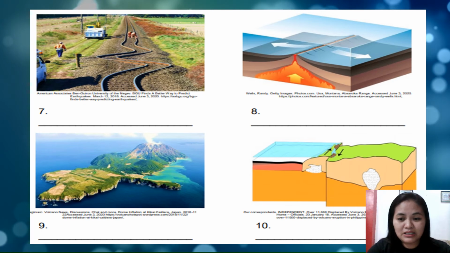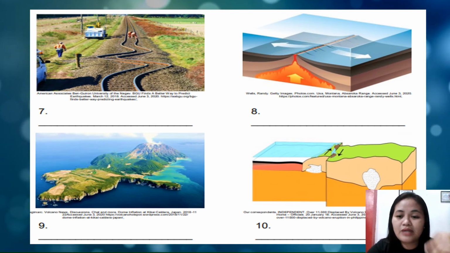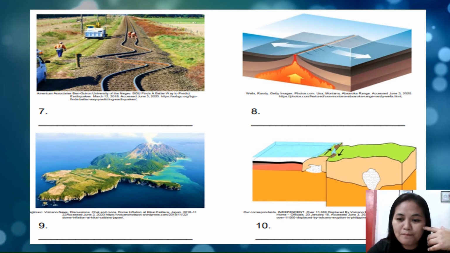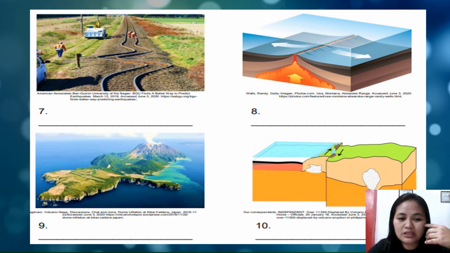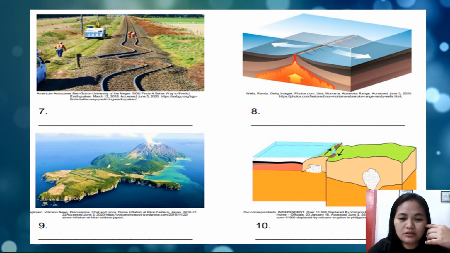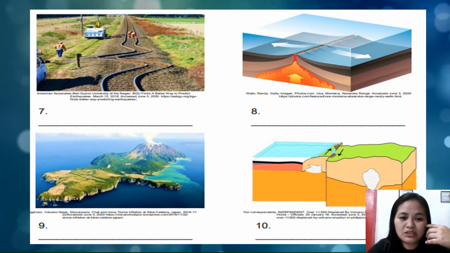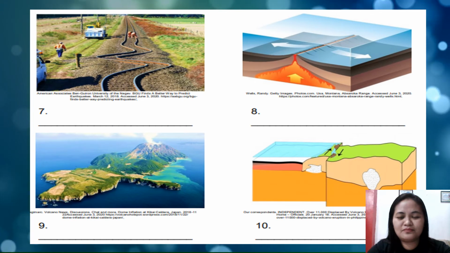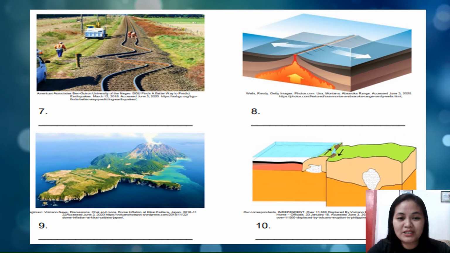Because there is melting whenever subduction occurs. And subduction occurs only when plate boundaries meet, especially if the oceanic crust is involved. Nasabi ko na, meet. So what kind of boundary is involved in number 9? Hindi ko na-gets, madam. Balikan muna naman yung part na iyon.